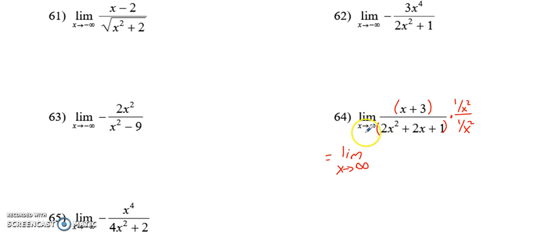Again, we can do that because x goes to infinity. So x divided by x squared, 3 divided by x squared, over 2x squared divided by x squared, 2x divided by x squared, well, there's an extra factor of x in the denominator, and then 1 divided by x squared.